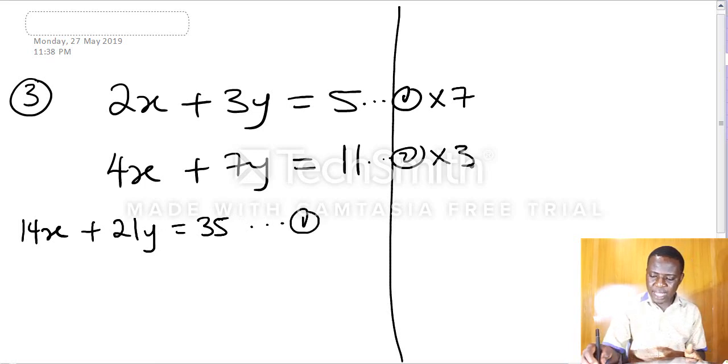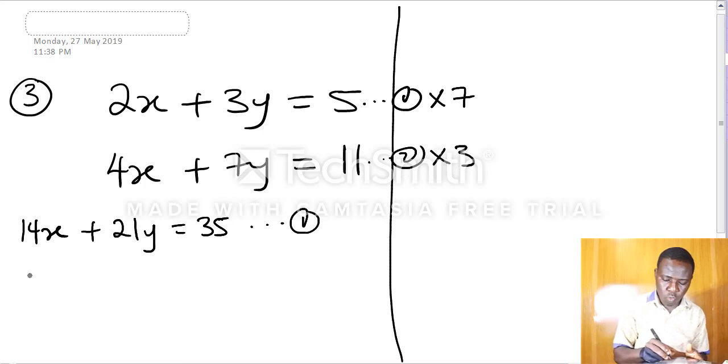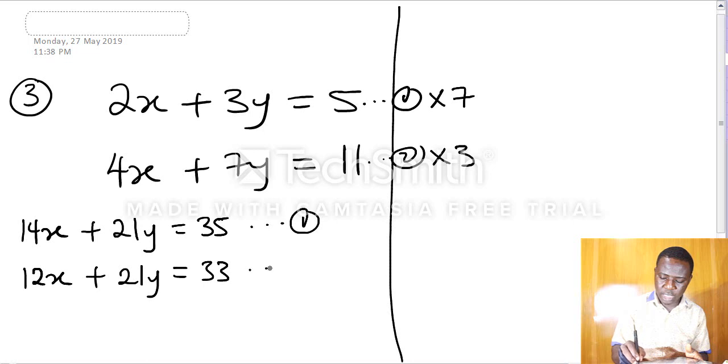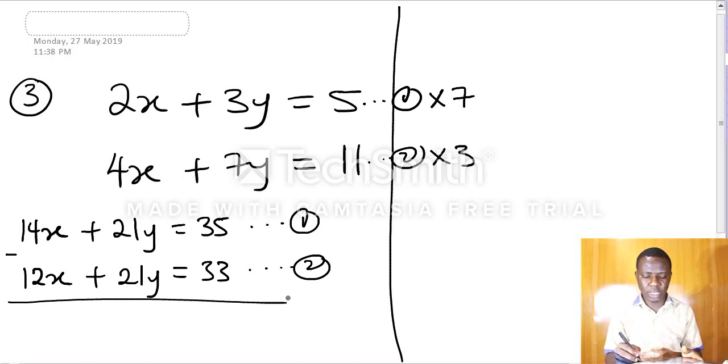And when you multiply 3 by every term in equation 2, it gives us 12x plus 21y is equal to 33. This is equation 2. I will now subtract equation 2 from equation 1.